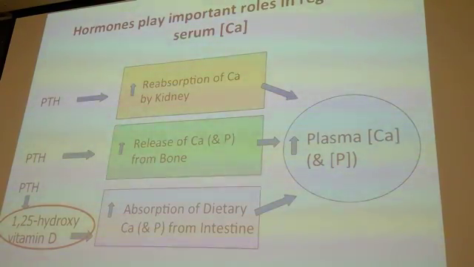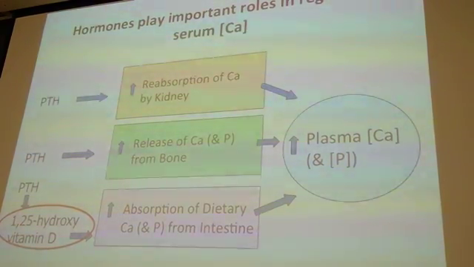The other way is that it acts indirectly to increase the absorption of calcium from the diet. Remember that under basal conditions we're only absorbing about 30% of the calcium. So release of parathyroid hormone is going to act indirectly through a bioactive form of vitamin D to increase our absorption of calcium in the intestine.